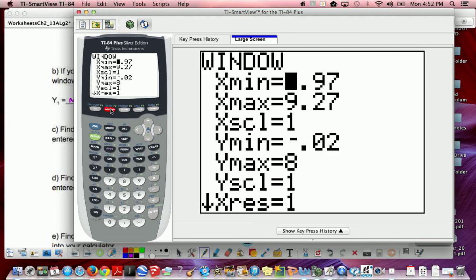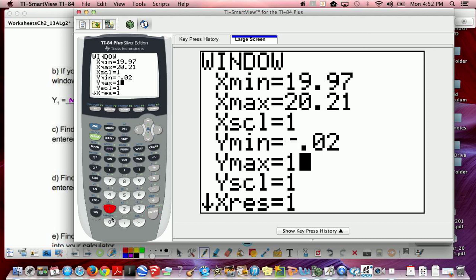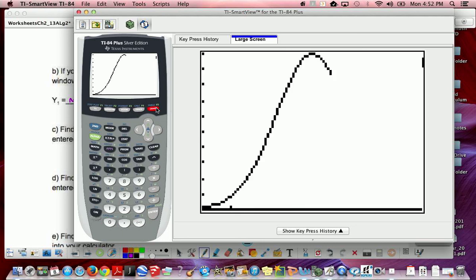Now I've got to go to my window, change my window here, so it shows up 19.97 to 20.21. Keep that scale at 1. Y min doesn't change. The 8 now goes to 10. Now when I hit graph, sure enough, it fits in there nice and neat.